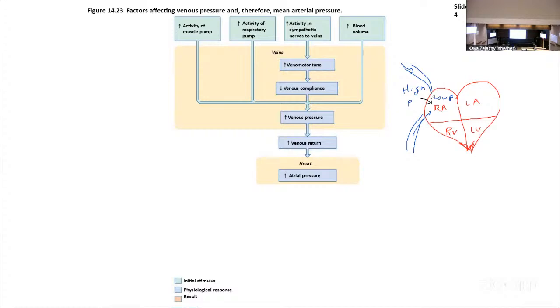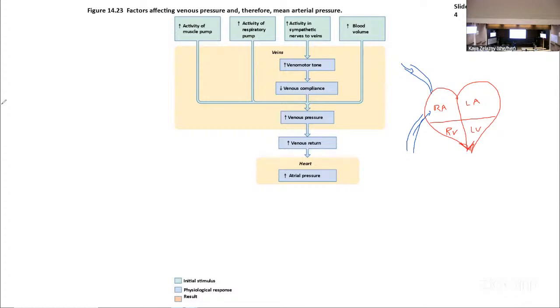So we can think about this next bit in terms of these pressure differences too. So I'm erasing this label of high and low because we're moving forward a little in time, right? So we've increased venous return to the right atrium by increasing that venous pressure and creating a gradient between the veins and the right atrium.